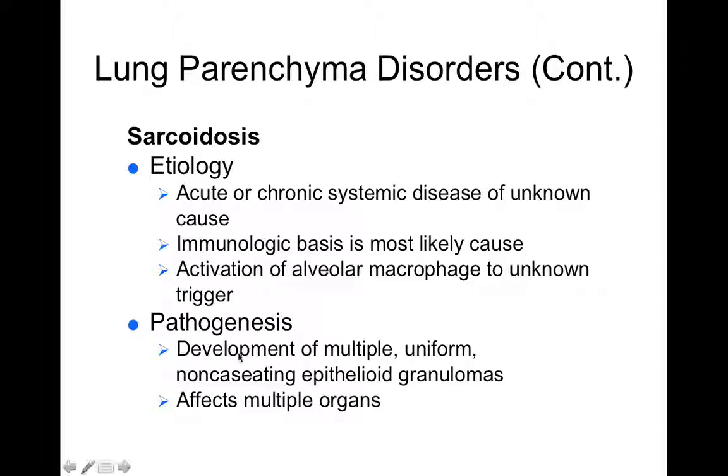The pathogenesis is the development of multiple uniform non-caseating epithelioid granulomas, but we don't know what causes it. Unfortunately, there aren't very effective treatments for sarcoidosis either. It affects multiple organ systems. We'll talk about this again in the skin, how it presents there as well, not just in the lungs.